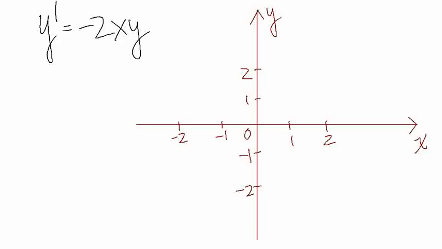But just to show you that you can do it without solving it, I'm not going to solve using the method of separation of variables. Let's see. So for points along the y-axis, x is equal to 0. And so minus 2 times x times y is going to equal 0. So the slope's going to be 0, just like in the previous example.